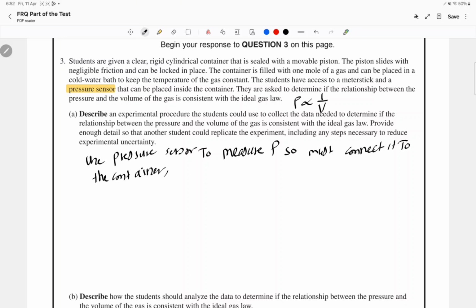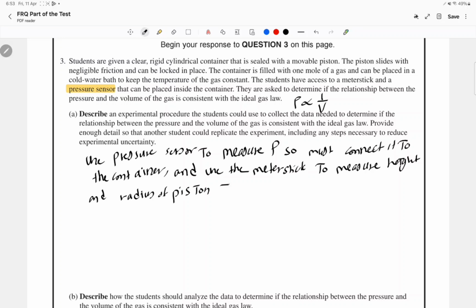Now you also want to establish the volume, and the volume of a cylinder is equal to pi r squared h. So you're also going to use the meter stick to measure the height and the radius of the cylinder and the radius of the piston to find the volume of the cylinder.